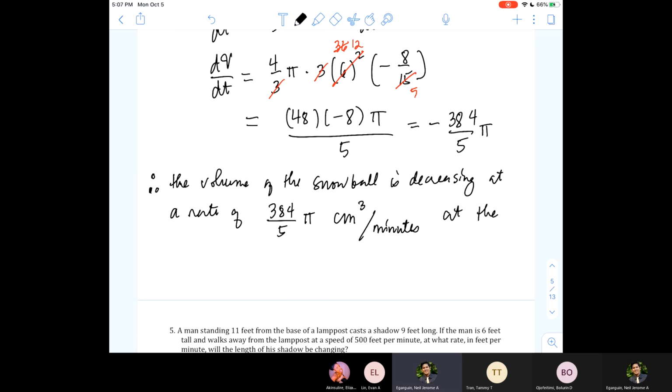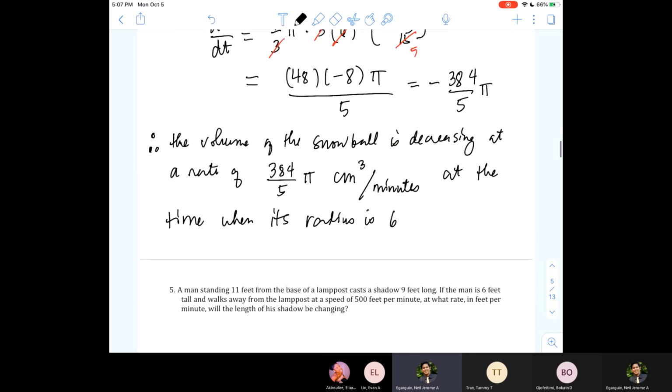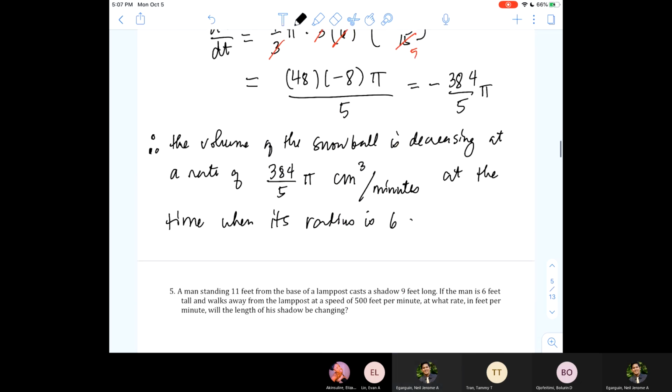At a particular instant, when its radius is 6 centimeters. Okay. I hope it's getting clearer and clearer as we solve more and more problems.